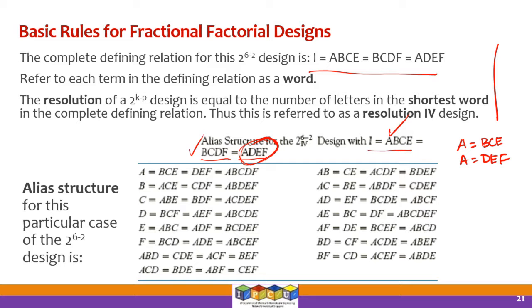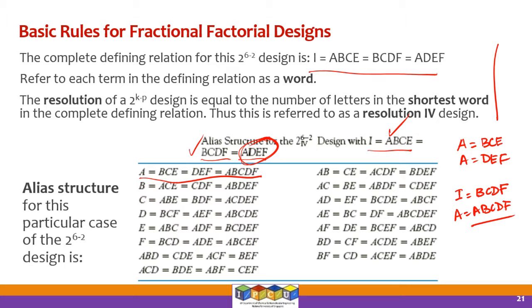I can also take I is equal to BCDF and multiply both sides by A to get A is equal to ABCDF. So that is what is shown here. You could do the same thing for the other terms. I've just shown you here that A equals BCE equals DEF is equal to ABCDF.